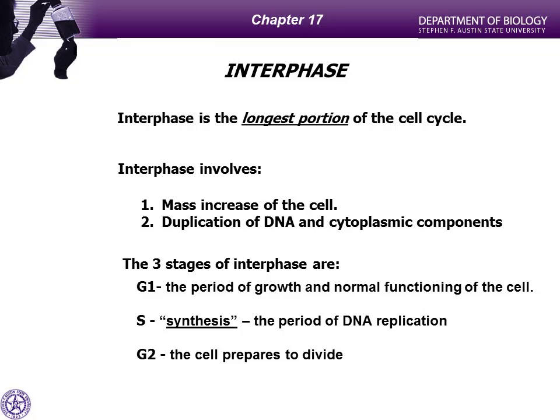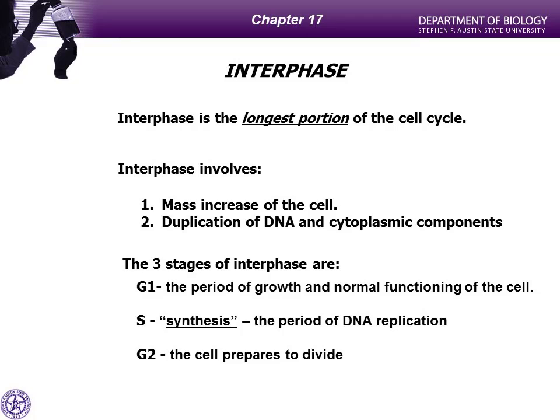So interphase, as we saw in our illustration. I mean, I don't know, what do you think? 80+% of the cell cycle is interphase, the longest portion. And the major thing we're doing, we're making the cell bigger and replicating our DNA. And again, we can see the stages in order that we've written out here.